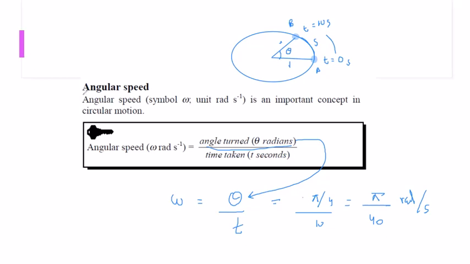Is it clear? The definition of angular speed: the angle turned, or rate of change of angle, is known as angular speed. Any doubt in this? So copy this part, the angular speed.